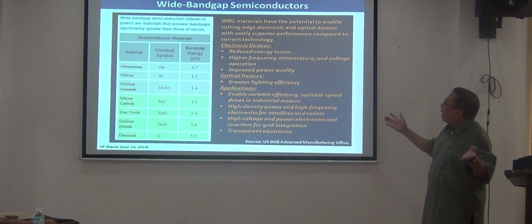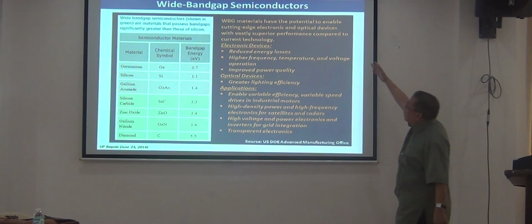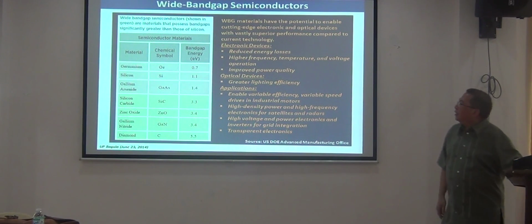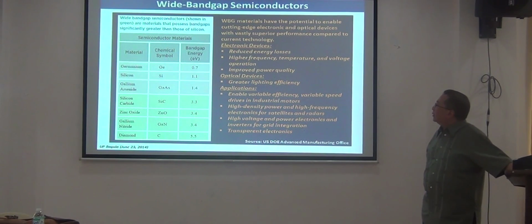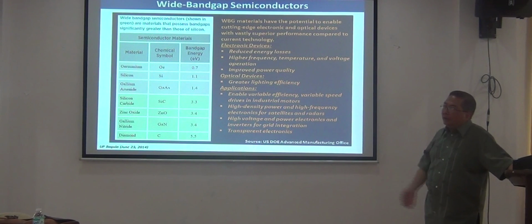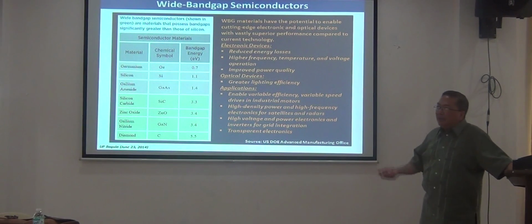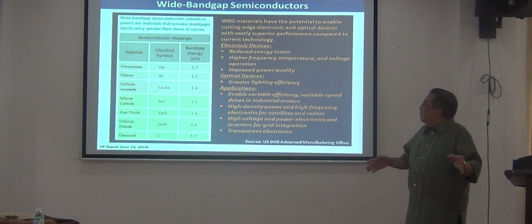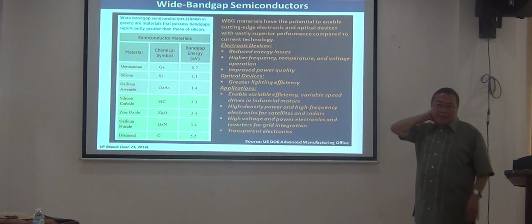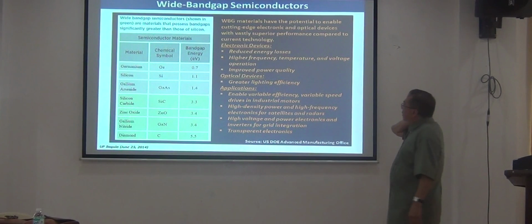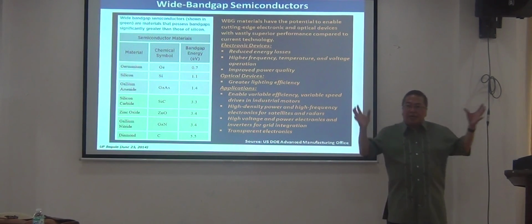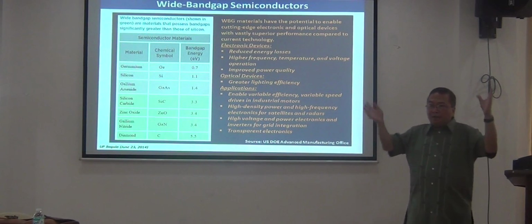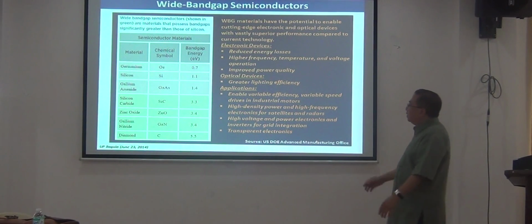And why wide bandgap? Well, I just enumerated here the advantages of using wide bandgap semiconductors. So you can reduce energy losses, and get higher frequency, temperature, and voltage operation, and lighting efficiency. And these are going to be very useful in, let's say, for example, designing high-speed variable frequency industrial motors, okay?